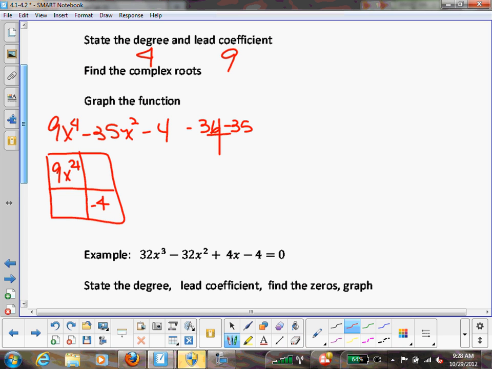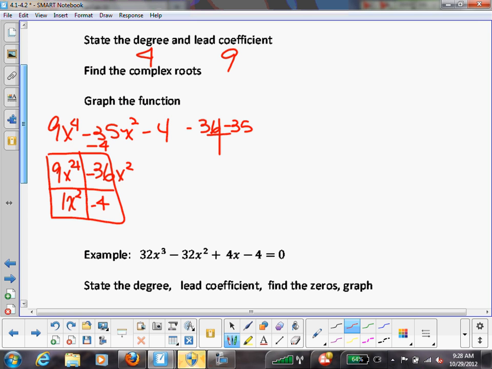-36. So what would my factors of -36 be? That gives me -35. And 1x squared, right? I changed my 2 to a 4. All right, so what do I pull out here? A -4.